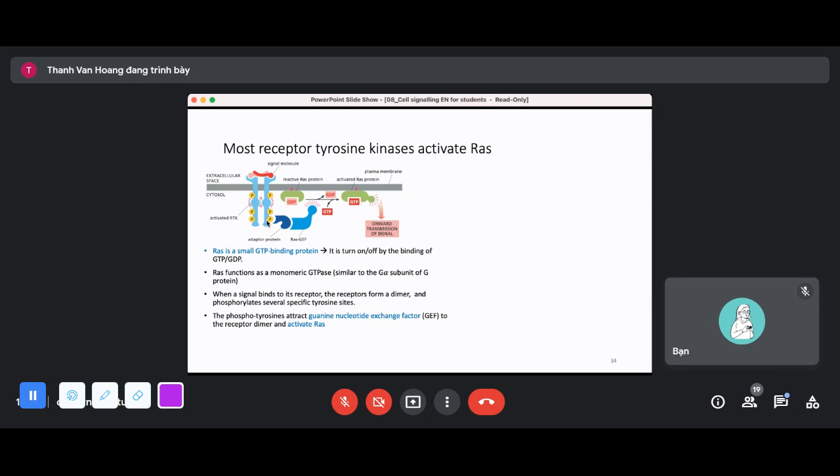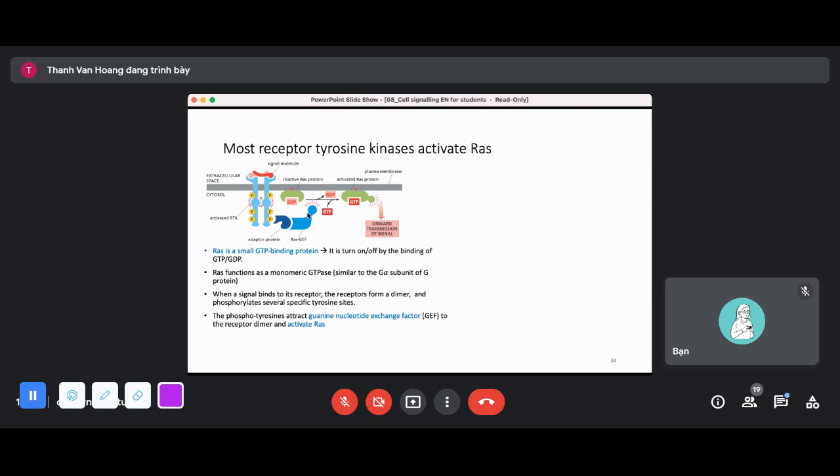The phosphorylated tyrosine residues recruit adapter proteins and recruit the RAS GTP exchange factor close to the membrane, and it can exchange the GDP bound to inactive RAS with GTP. So the RAS protein is now bound to GTP and becomes active. And it can induce signaling further into the cells.